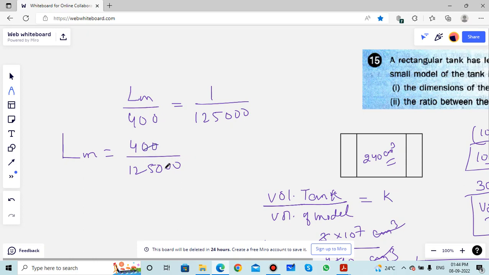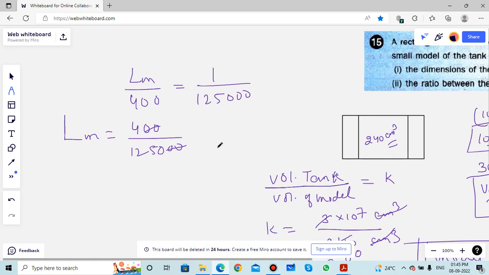So 2 0 got cancelled here. Now can we cancel it? Yes. How much will that be? Length of the model will come in centimeter only, so it's going to be very less.